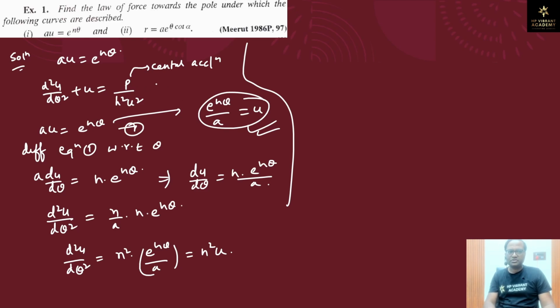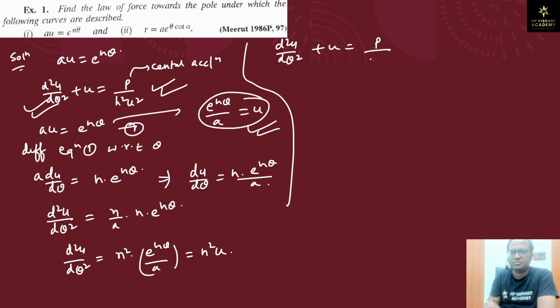Let us put this in the differential equation of the central orbit. We have d2u upon d theta square plus u is equal to capital P upon h square u square. We have the value of d2u upon d theta square as n square u. This is equation 2.